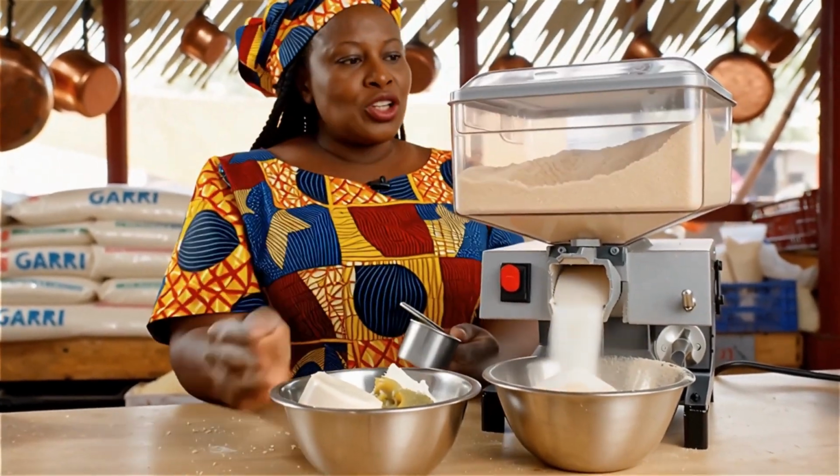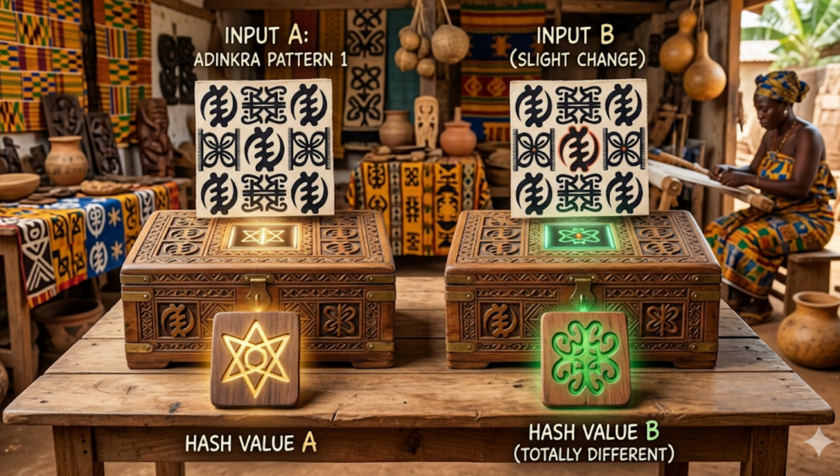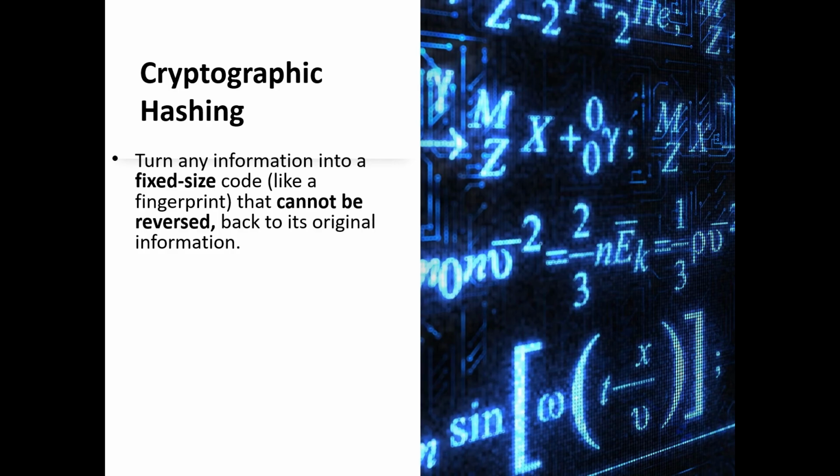So what this implies is that whenever you or any other person tries to make 2 cups of garri, 1 cup of sugar, a little milk, they will get the same result. They will get the same hash value. That's what hashing is. Anytime you put that input, you will get that same result.